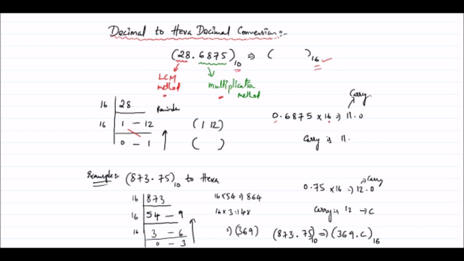After the decimal point, 0.6875 will be handled by the multiplication method. So we will multiply this entire value 0.6875 into 16. So we have two methods, that is the division method and the multiplication method. 28 divided by 16, one 16 is 16, and we have a remainder of 12.